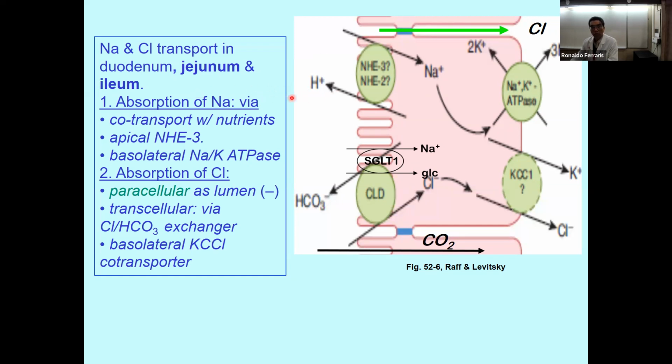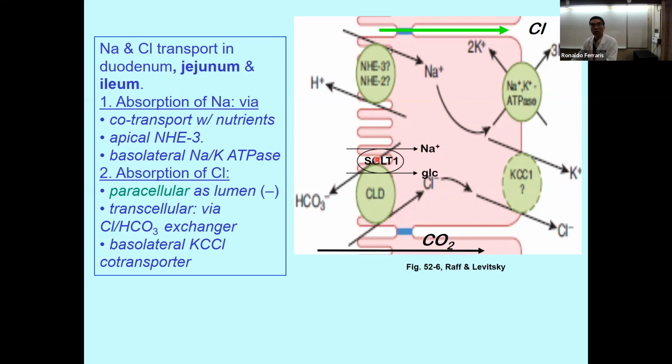So now you have sodium here, and sodium and chloride transport occur mainly by transporters in the jejunum and ileum. So one way, you have learned this already, is SGLT1. SGLT1 is sodium-dependent glucose transporter 1, and it co-transports a sodium ion with glucose.